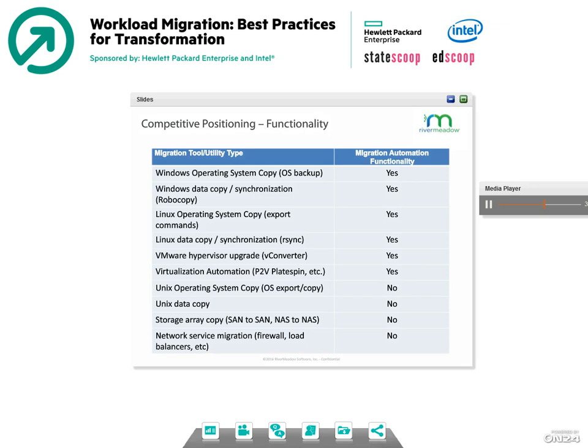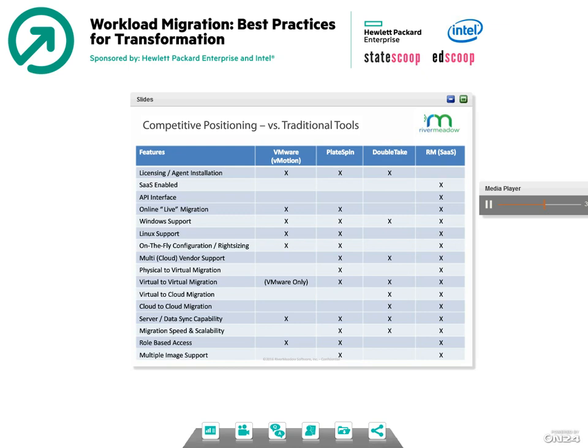We also have a lot of indirect competition. From VMware, there are 3 or 4 very good point tools, often free, that do 1 or 2 use cases and do a fairly good job at those. But rarely are these tools supporting a live migration, and usually they require installing code or agents in the source environment. It's similar for P2V tools like PlateSpin or host-based replication tools like DoubleTake.